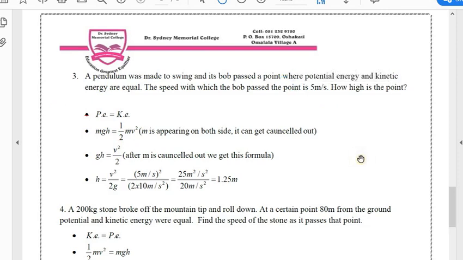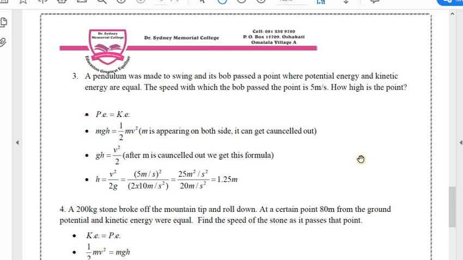Kinetic energy is the energy possessed by any object that is moving. Any moving object has kinetic energy. The formula for kinetic energy is half mass times velocity squared, KE equal to half mv squared.